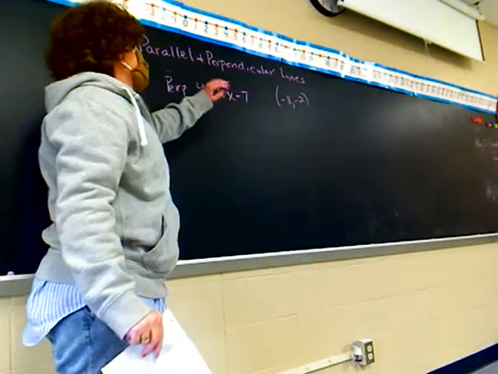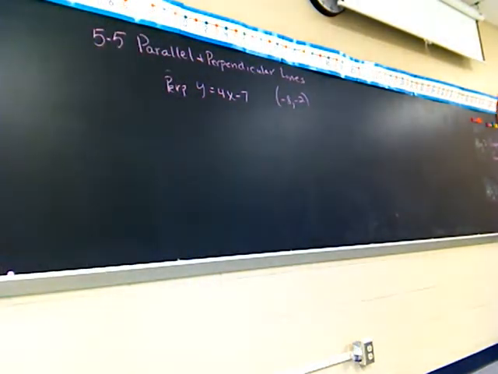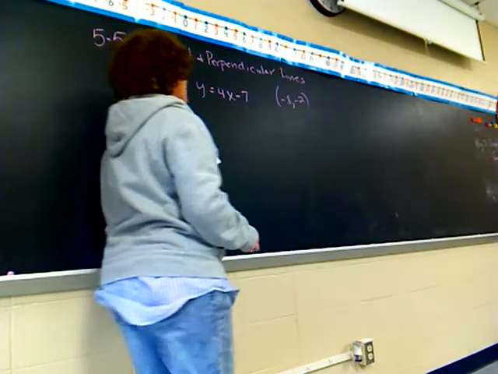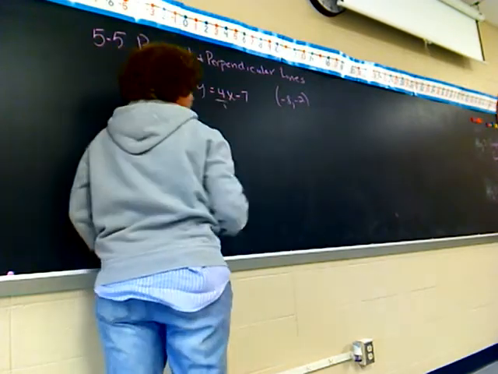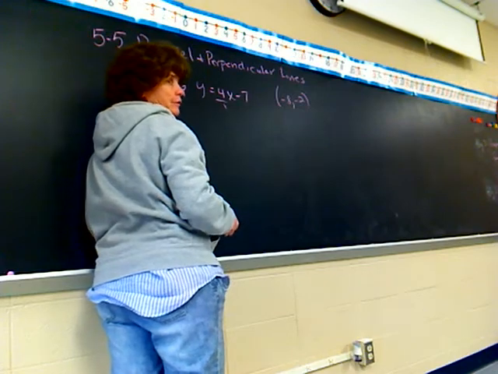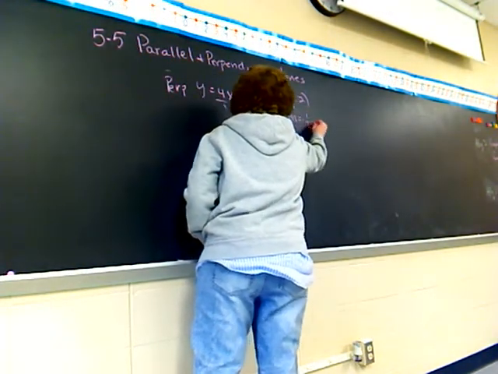Now this equation is only here for you to get the slope. Please remember, since it's perpendicular, you flip it and change the sign. So if this is 4/1, flip it to make it 1/4 and then make it negative. So your new slope is negative 1/4.